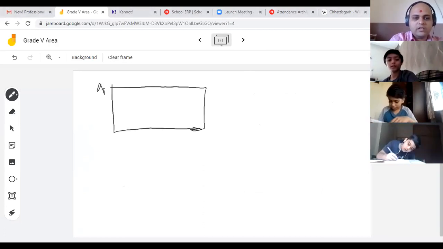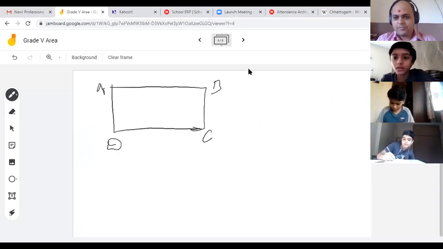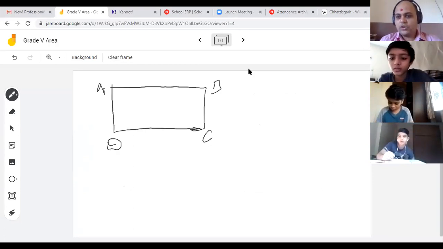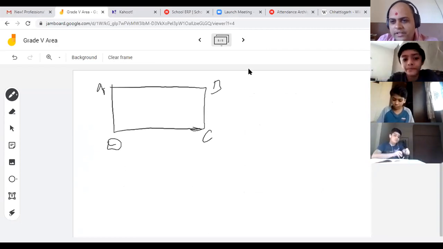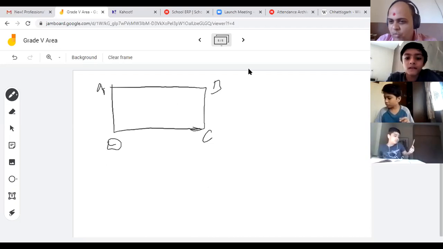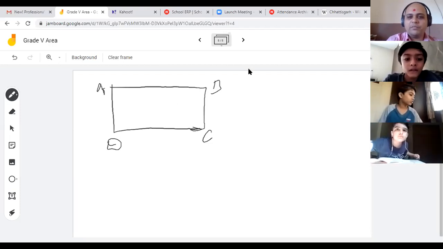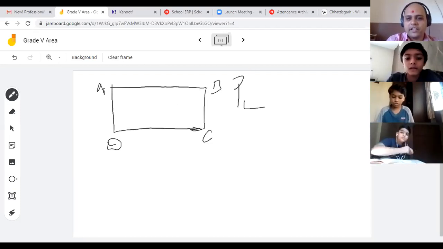A, B, C, D. Right now, don't write anything. Okay. So for a rectangle, what is perimeter? Perimeter is distance along its border. Yes, perimeter is distance along its border. So perimeter of a rectangle, right?